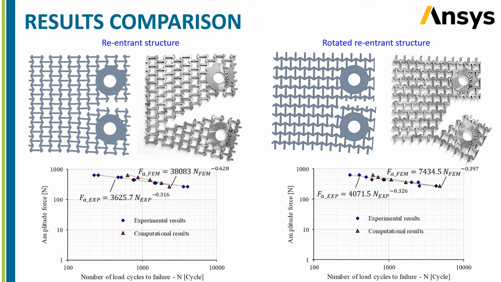The comparison has shown that the measured fatigue life and observed crack path are very similar for both structures. Based on this similarity, it can be concluded that the proposed computational model is suitable for the simulation of the fatigue behavior of auxetic cellular structures.